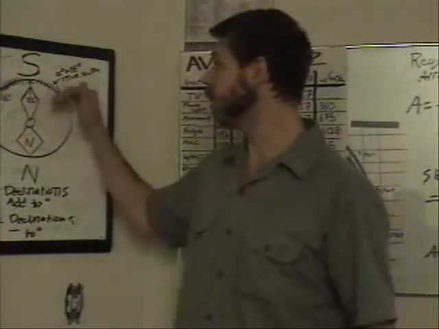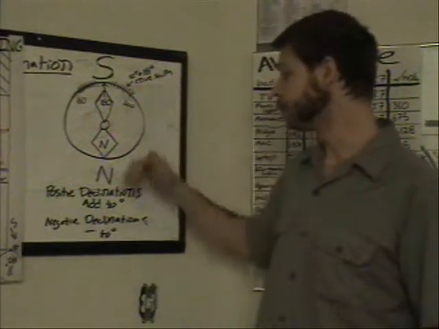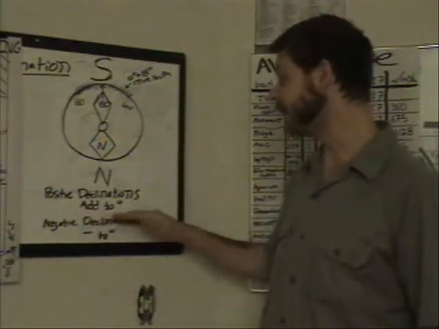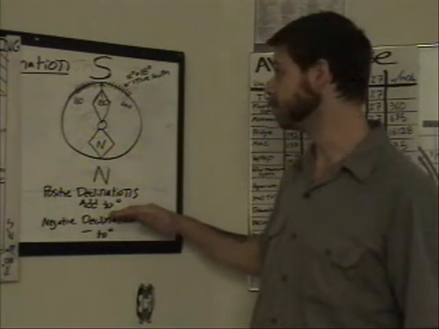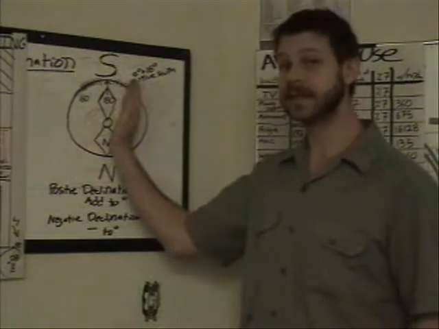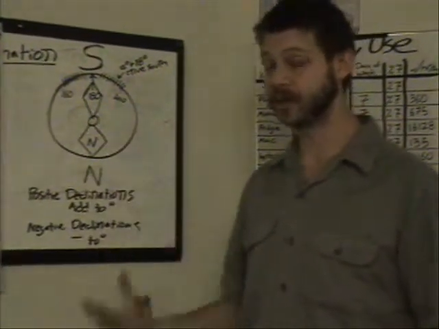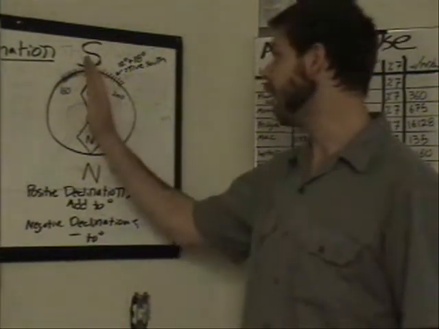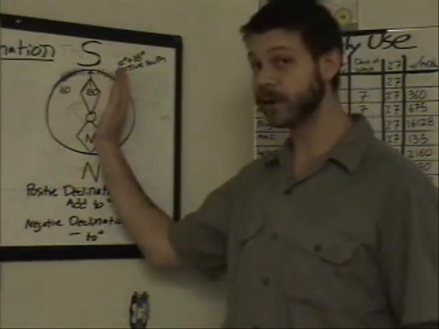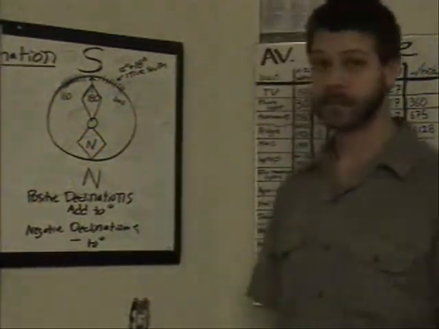In Los Angeles, our declination is 12 degrees. And the way you do that is it's a positive declination, so you add it to your degrees. If we're at true south, we'll add 12 degrees. If we're at magnetic south, that our compass shows, compasses always show magnetic south, and we move 12 degrees over, that will give us true south. Okay.